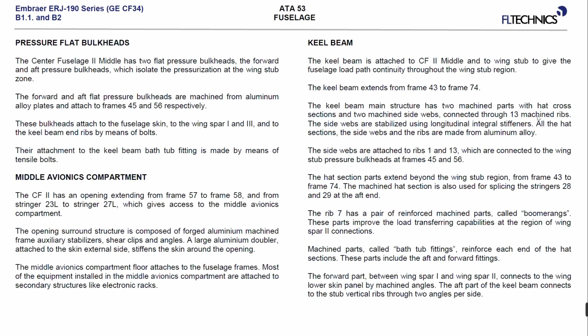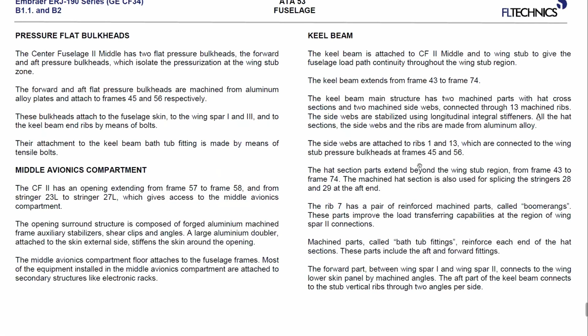The side webs are stabilized using longitudinal integral stiffeners, and the head section, the two side webs and the ribs are made from aluminum alloy. We have some machined parts called buttock fittings, reinforcing each end and the head section.